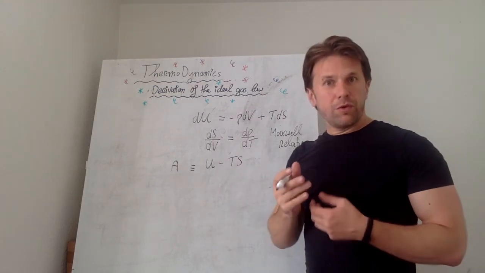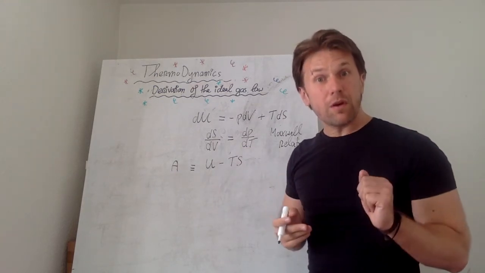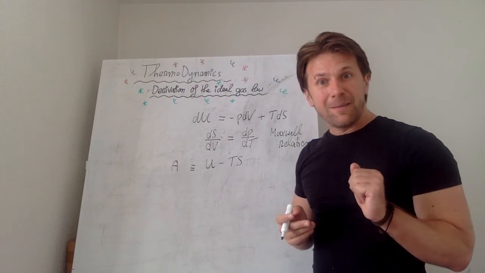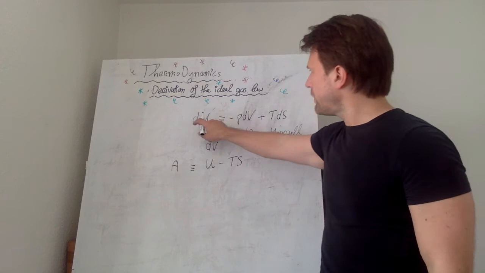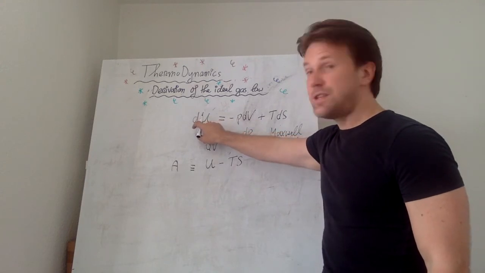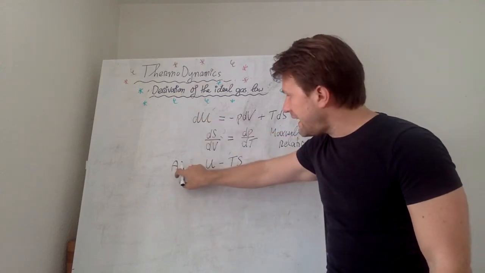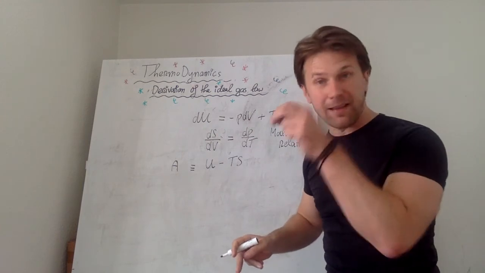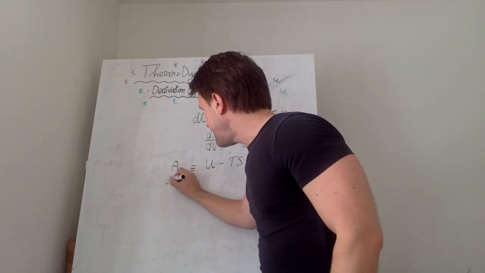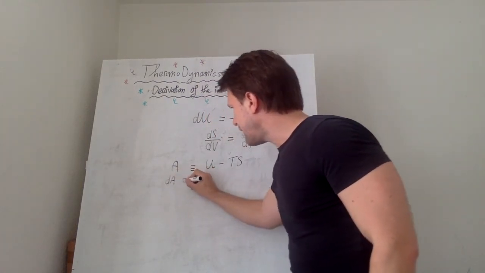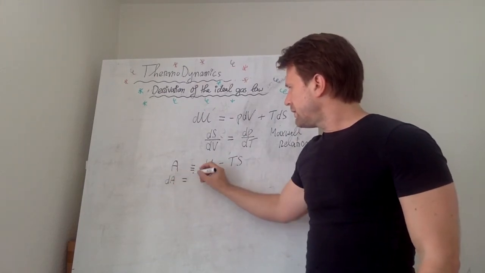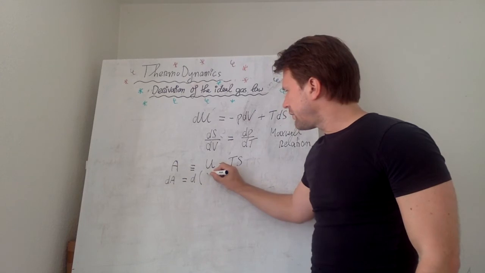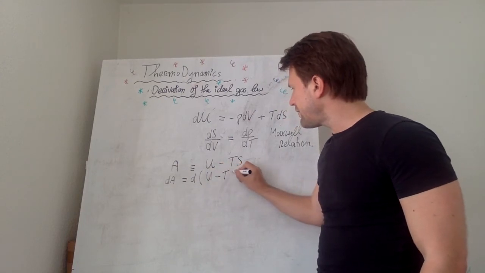And I want to turn it into, again, the first law of thermodynamics, but now written in terms of the Helmholtz energy. And the first law always tells you how much energy changes, not what the energy is, A, but how much it changes, dA. So dA is what I now want to calculate, given my definition for A. And well, it just means take the small amount of U minus TS.